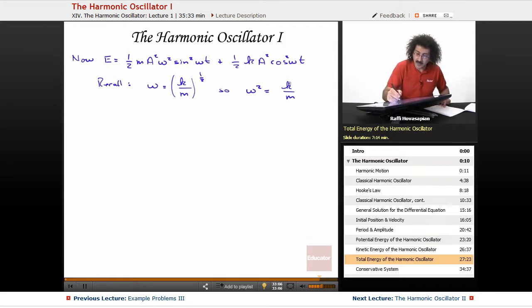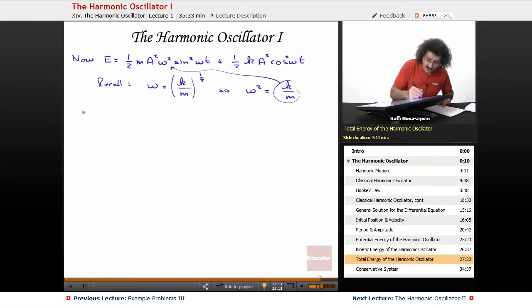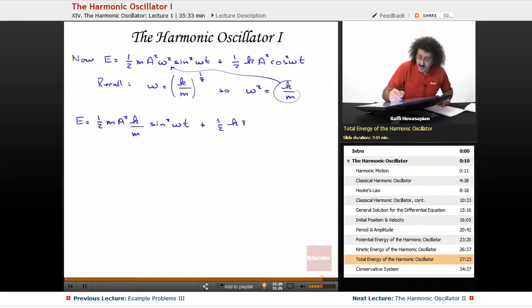I can put that in there. Therefore, I have my total energy is equal to 1/2 m A squared K over m sine squared omega t plus 1/2 K A squared cosine squared omega t.